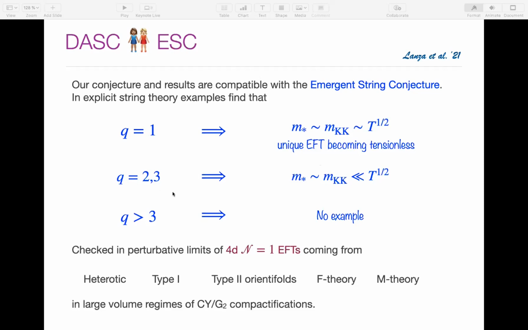You can have Q bigger than 1, and then what we checked in some examples is that you have a Kaluza-Klein like tower of states that were breaking the EFT. And what we didn't find in any example is that this integer could be bigger than 3.